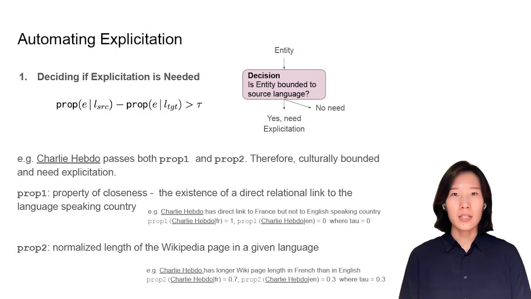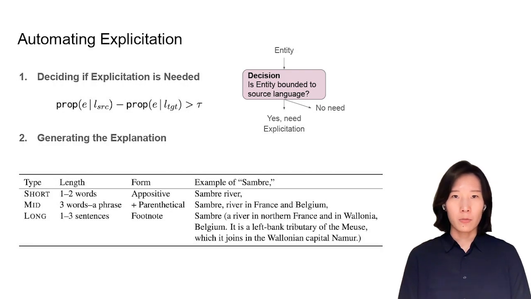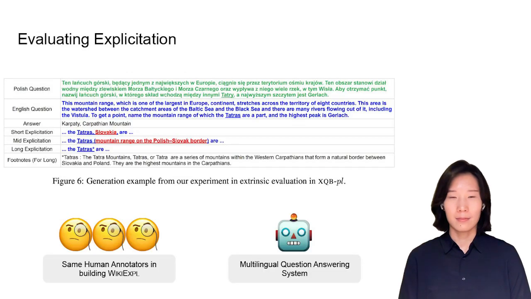In this example, length of the Wikipedia pages in a given language is an additional property. We explore several forms in generating the explicitation from short to long. We fetch detailed information of the entity from Wikipedia and Wikidata.